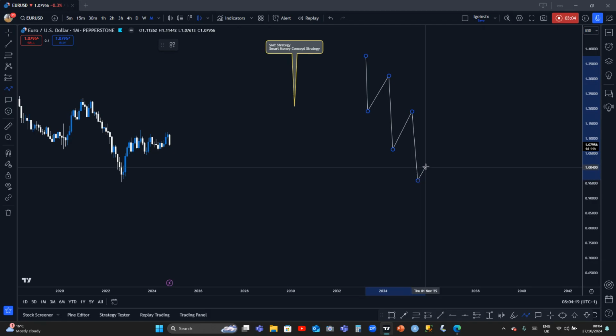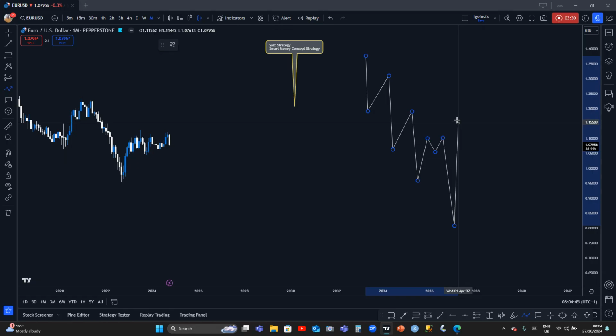All right. And gets to this place, make a little push to the downside, return and retest this point, break structure to the downside.